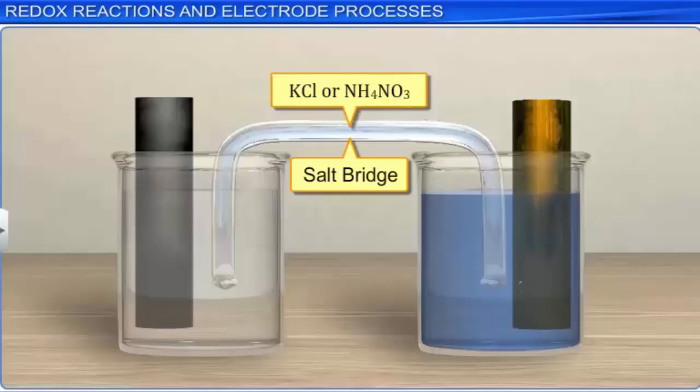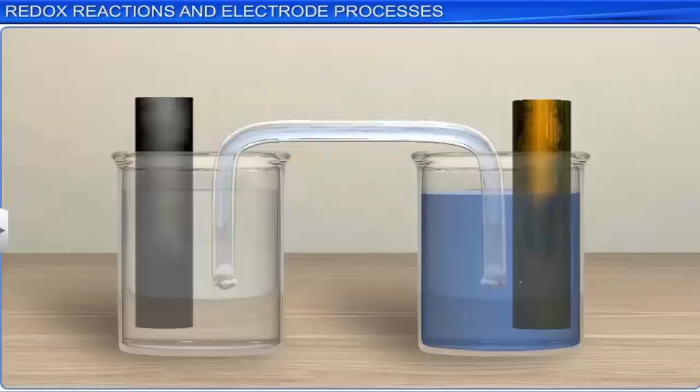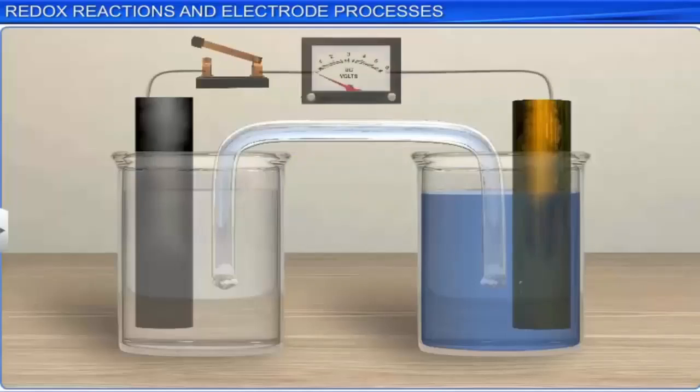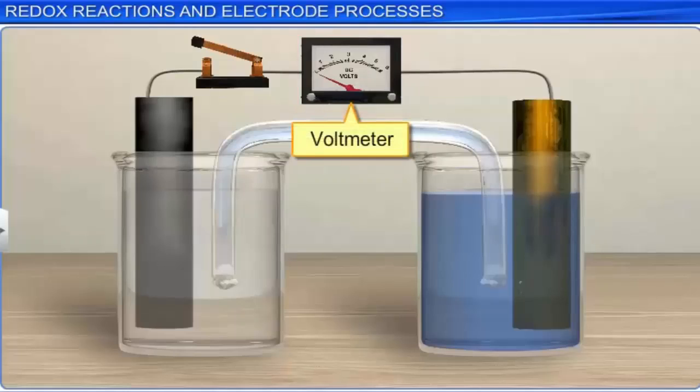It is an inert electrolyte and is a substance whose ions neither take part in a redox reaction nor do react with the solutions in the two beakers. Next, we connect the two ends of a voltmeter to zinc and copper electrodes by means of wires.